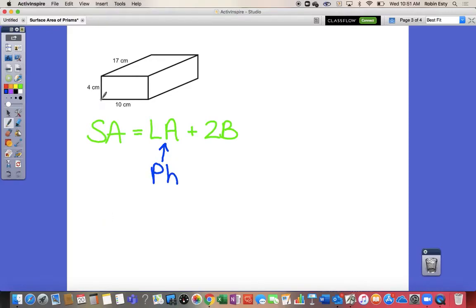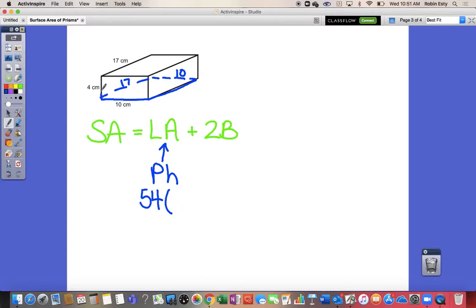Okay, so the perimeter, if I went around here, this would be 10, that's 17, across this right here, you don't see it, but that would be 10 again, and then back across here would be another 17. So my perimeter would be 54.